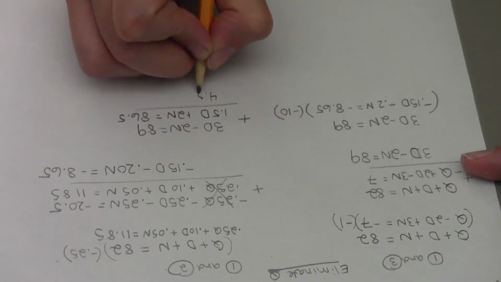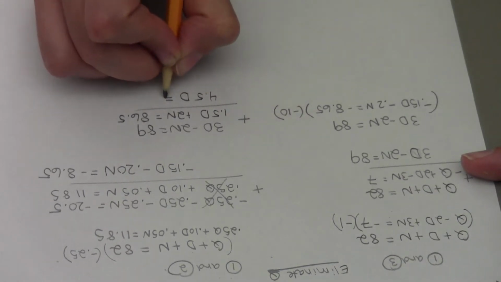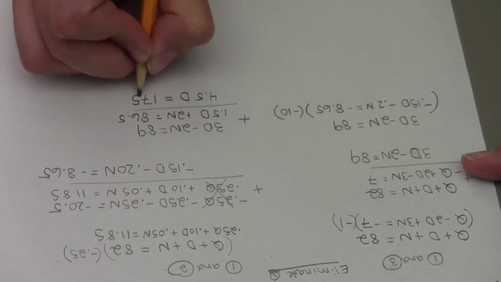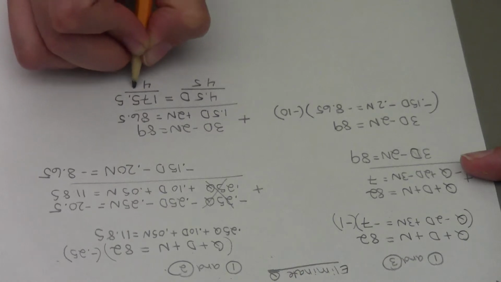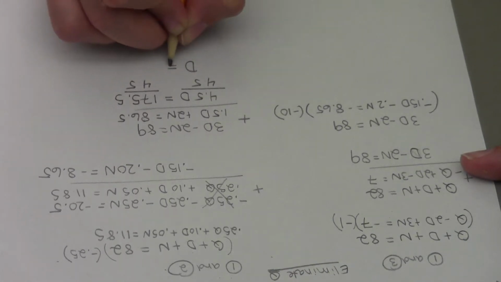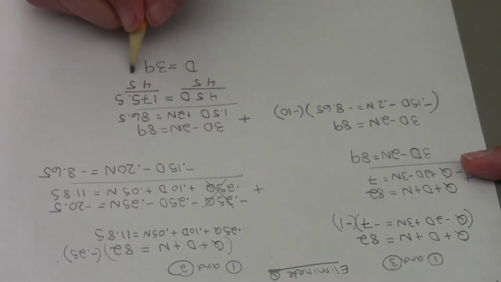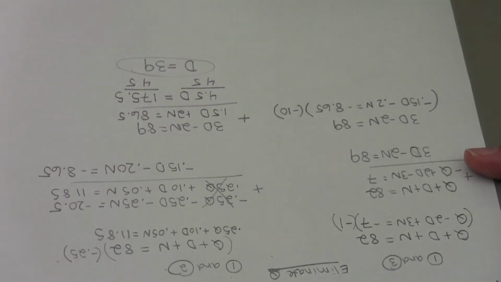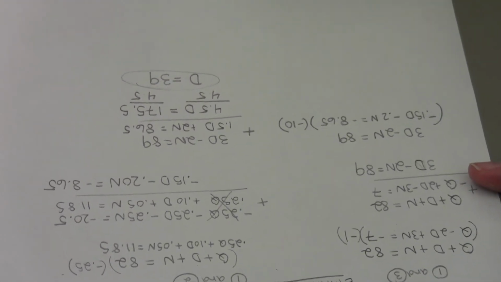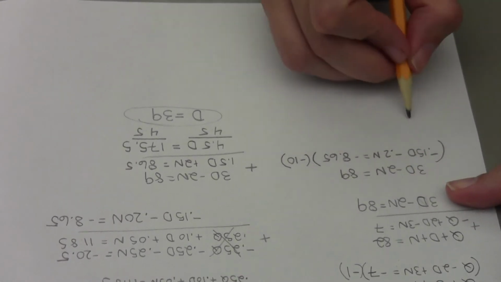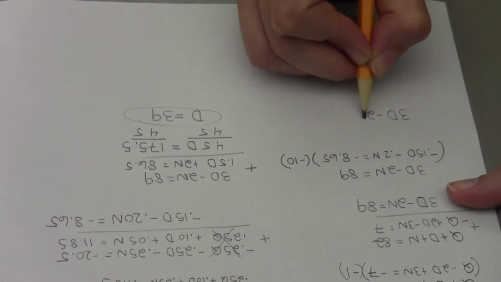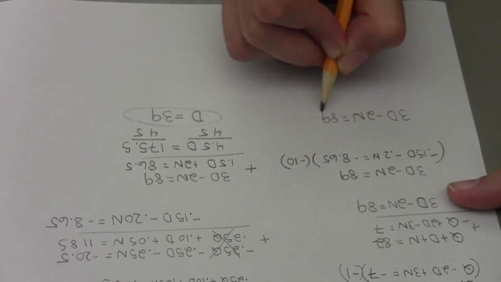Adding, we'll get 4.5D equals 175.5. Dividing by 4.5, D is equal to 39. So I've got 39 dimes. Now I need to go back to one of my two variable equations. I think I'm going to go back to this one over here on the left. So I'm focusing on that 3D minus 2N equals 89.